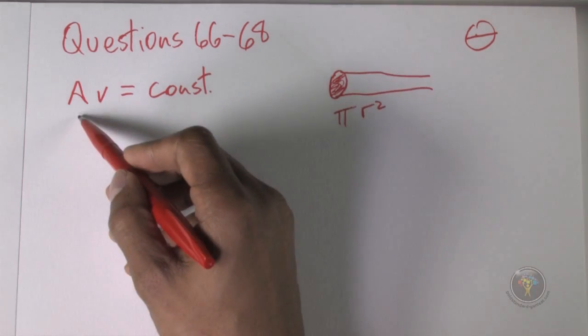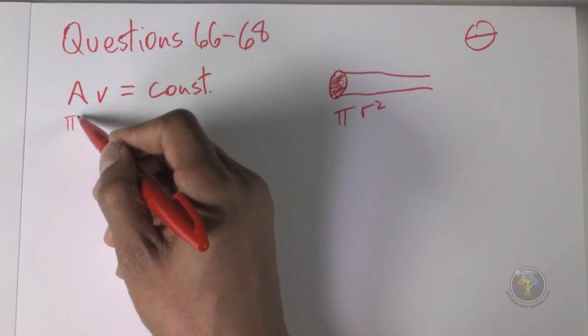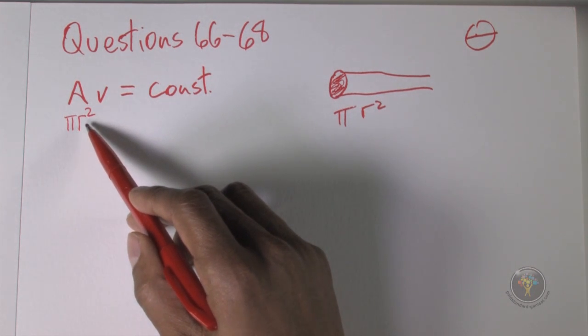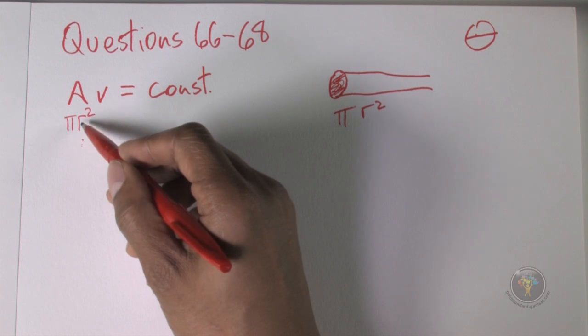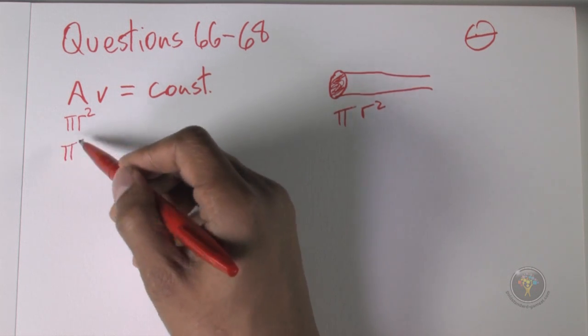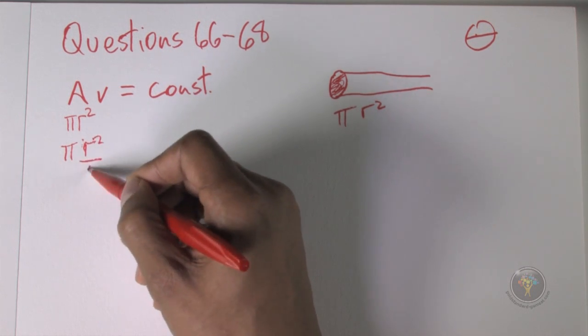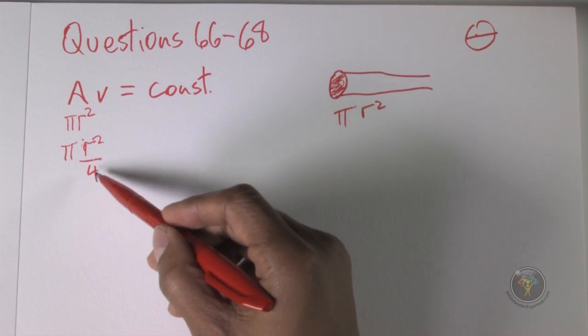We know that this is supposed to be a constant, right? And we know that this is pi r squared. If we have half of the radius, it's squared, so we end up getting pi r squared over 4, because half of the radius squared gives us over 4.